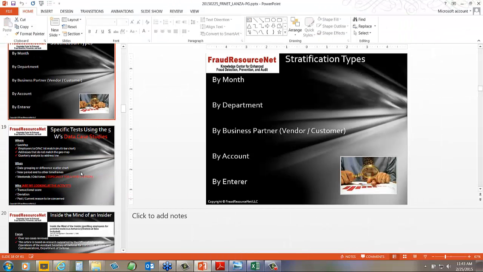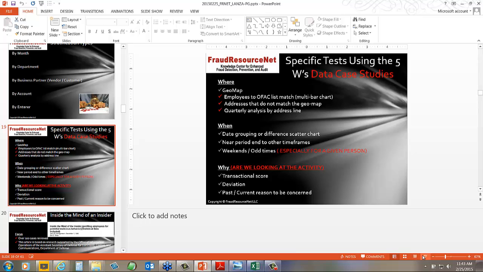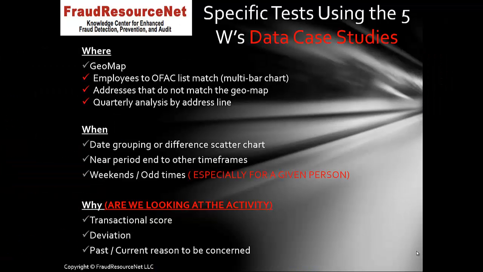In the slides themselves, we talked a little bit about the date grouping, but we're going to do a little more of the where type grouping, and conclude on the where, when, and why. After that we're going to start looking at visualizing more, as well as doing more textual analytics, and then scoring.